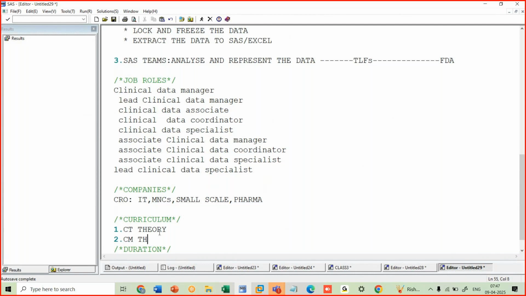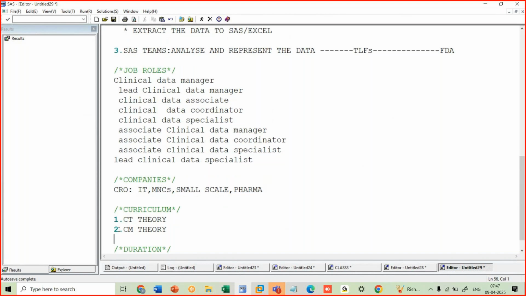CDM theory also will be done. So clinical research theory, clinical trial theory, CDM theory, and hands-on practical training will be done.